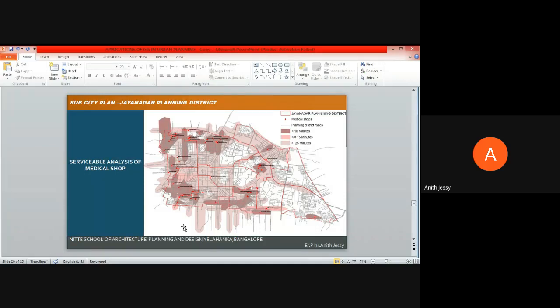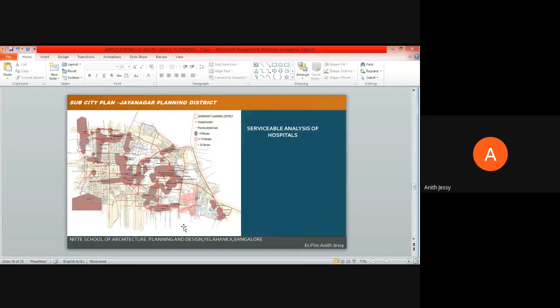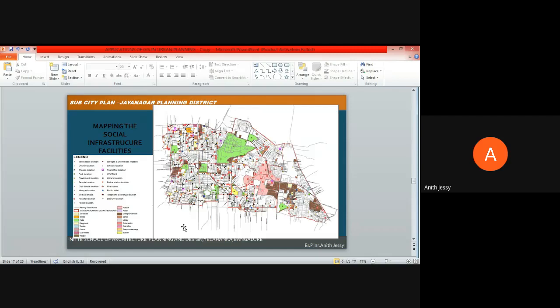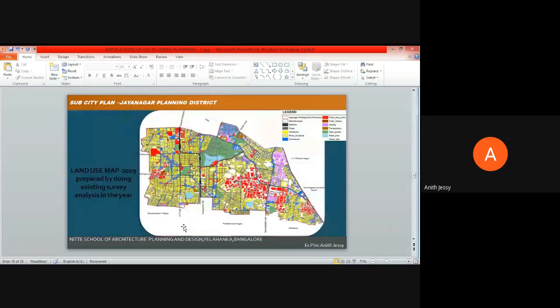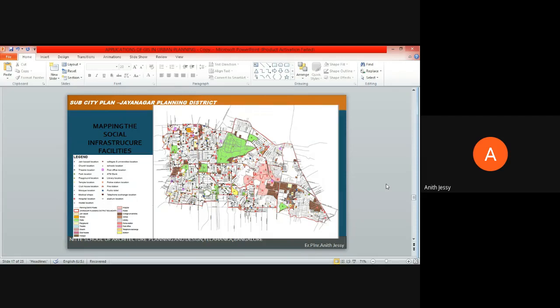When we compared all these facilities with the existing land use map which we had prepared, we could understand that there is a certain necessity of not providing hospitals or medical facilities near this industrial area and these commercial zones. When I said medical shops, all these areas are mostly industrial areas where you don't find medical shops. This is how we understood the relation between the provision of social infrastructure and the land use map.